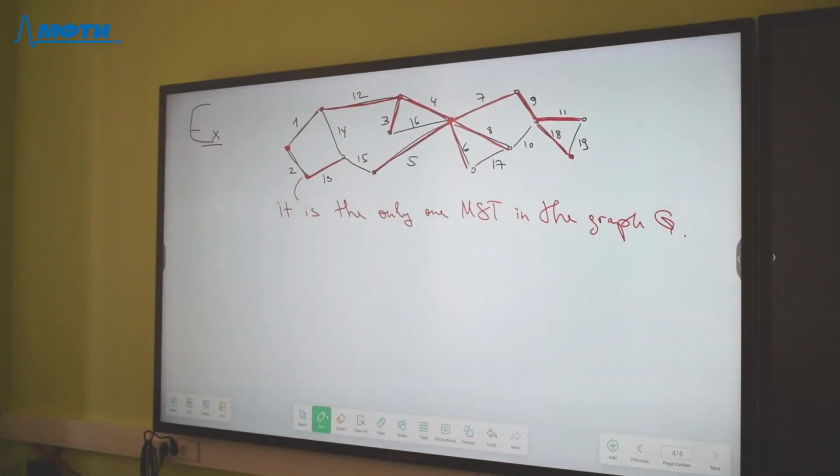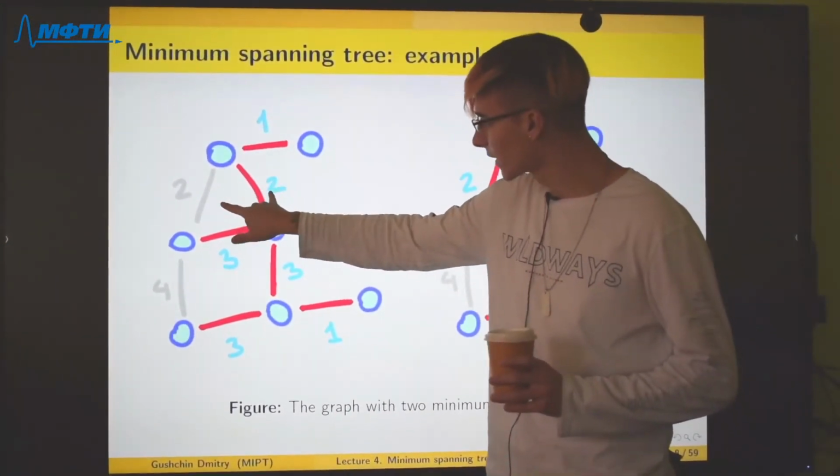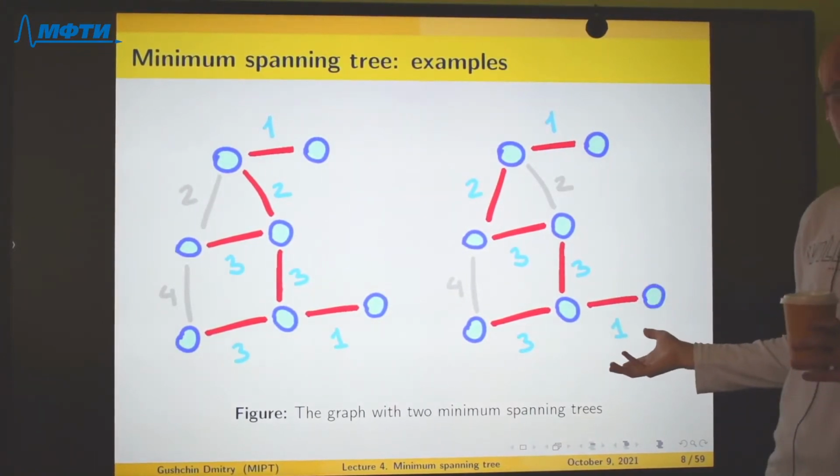Of course, if we have edges with the same weights, then we cannot say that there is a unique minimal spanning tree in the graph. This is an example: we have two edges with the same weights, and we find different minimal spanning trees.